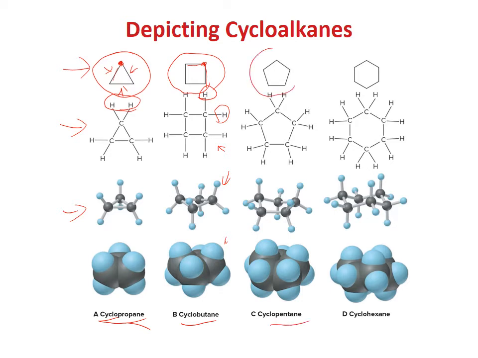Cyclopentane is a 5-carbon ring, and again for the expanded formula you need to add 2 hydrogens so that each carbon has 4 bonds. And this one is cyclohexane, 6 carbons in a ring, that's why it's called cyclohexane. Each carbon needs 2 hydrogens to make 4 bonds. So again: expanded formula, ball and stick model, and space filling model.